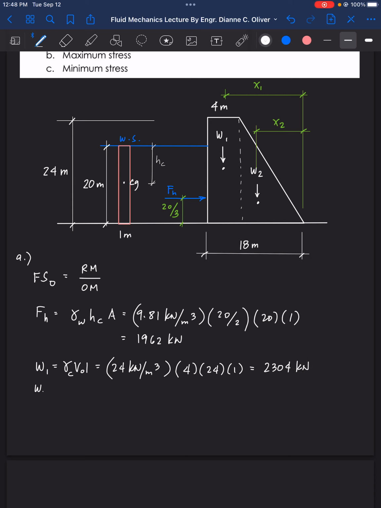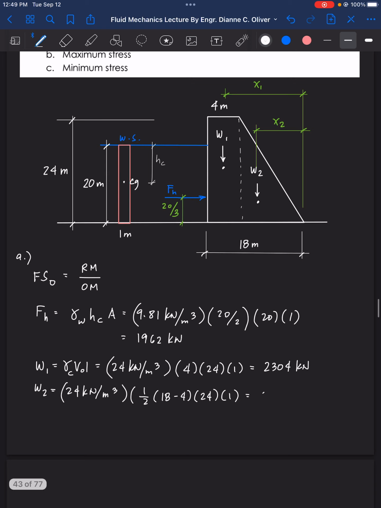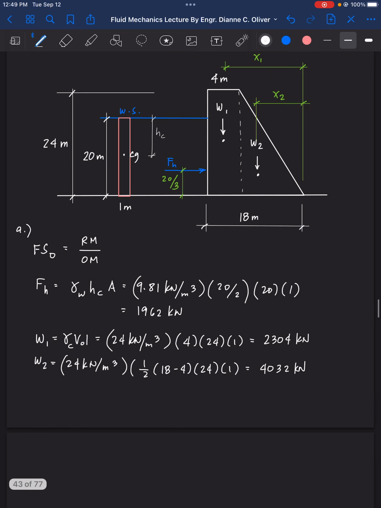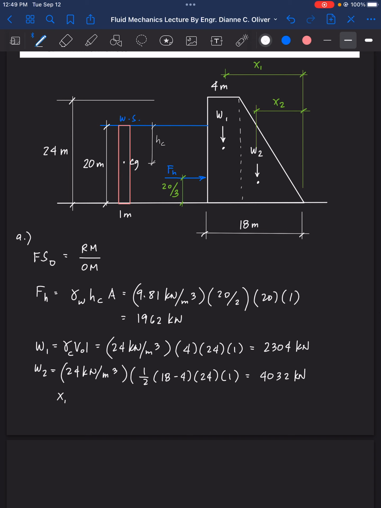Then we have weight 2, that is 24 kilonewton per cubic meter, and the volume here is 1/2 base. Our base is 18 minus 4, times 24 times 1. And that is equal to 4,032 kilonewton.